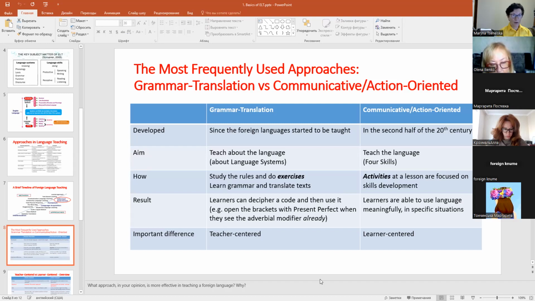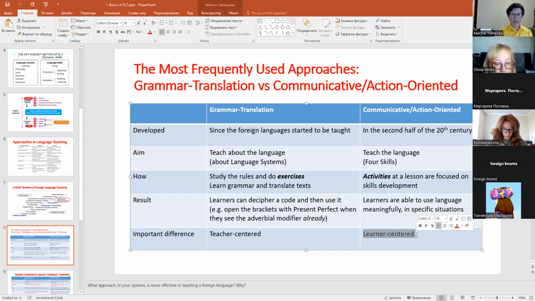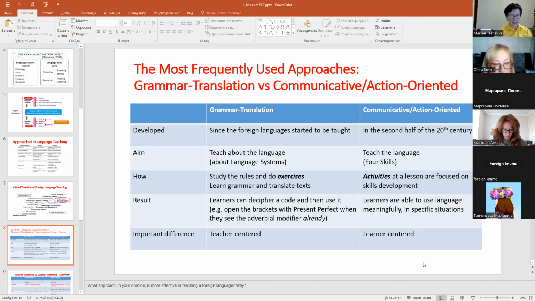So, grammar translation and communicative. I hope you all know this information. I will be reading the table, but the only moment I would like to draw your attention to is learner-centeredness. This is the difference between grammar translation and communicative or action-oriented approaches.